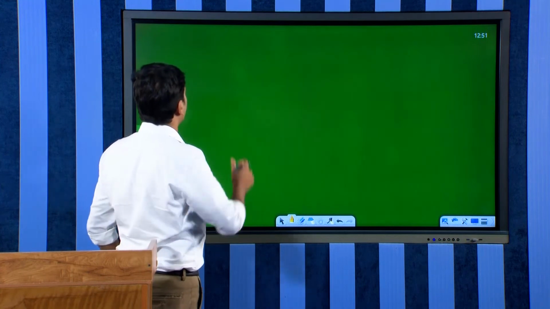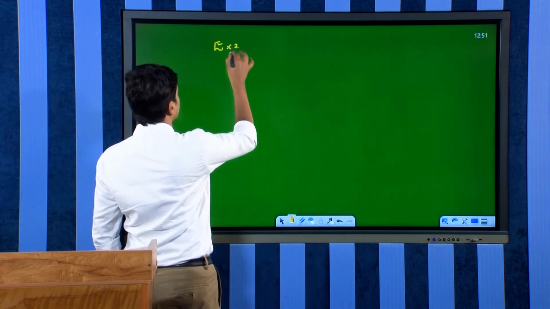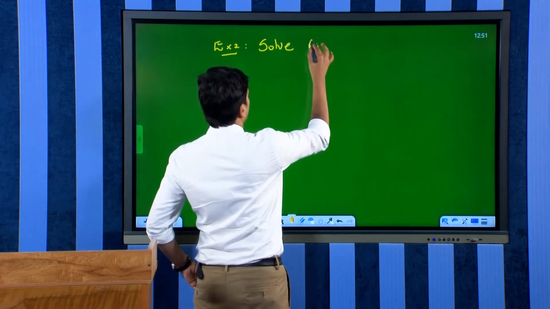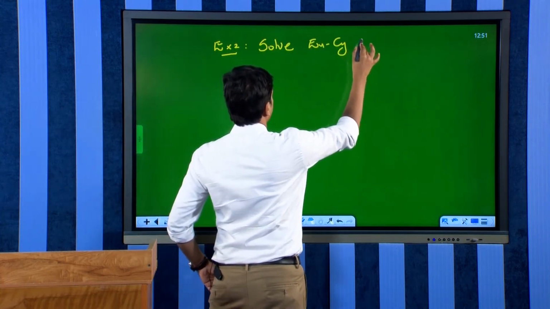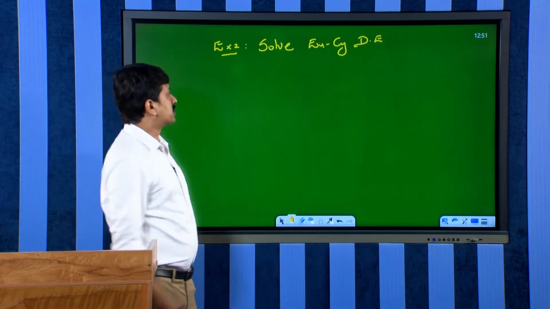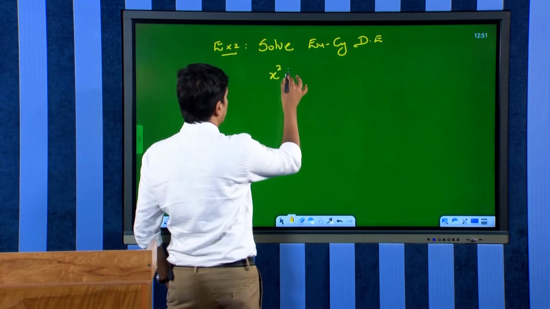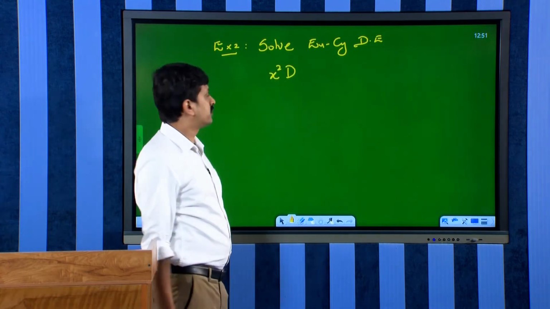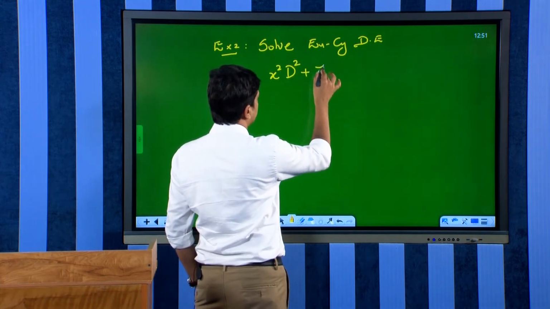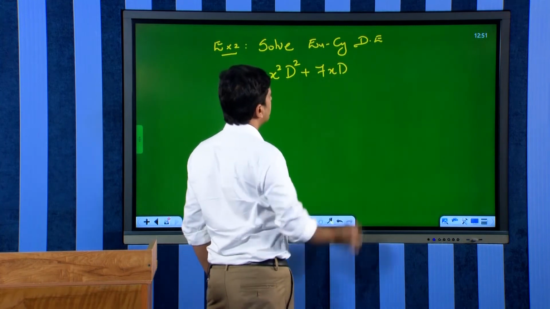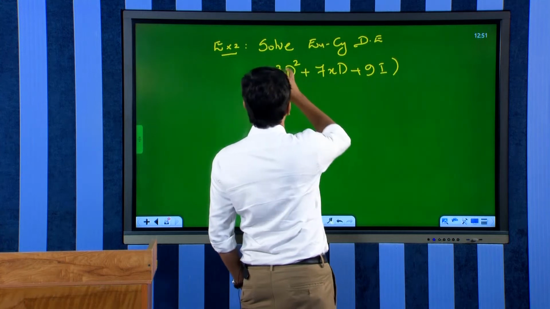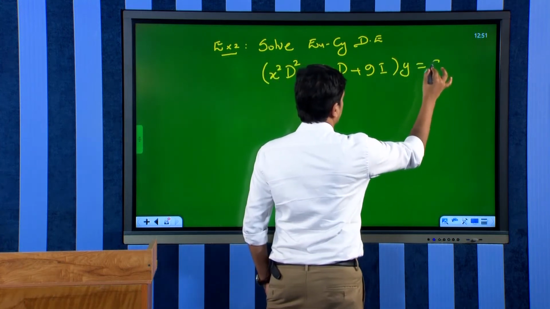Example 2. Solve the Euler-Cauchy differential equation x square d square plus 7 x d plus 9 into y is equal to 0.